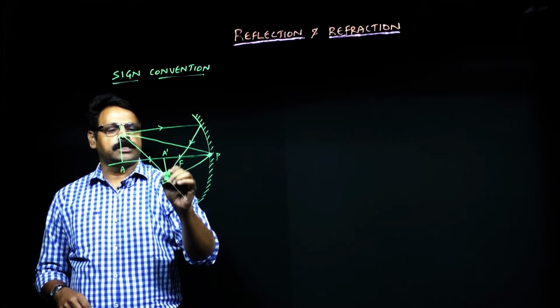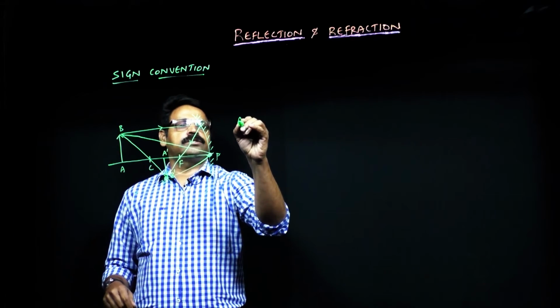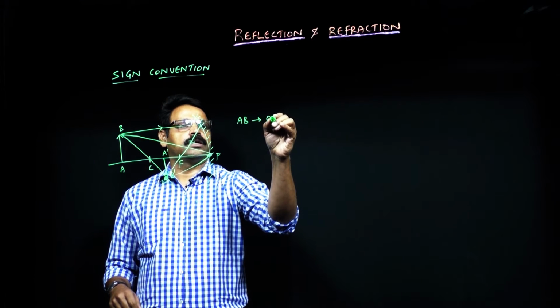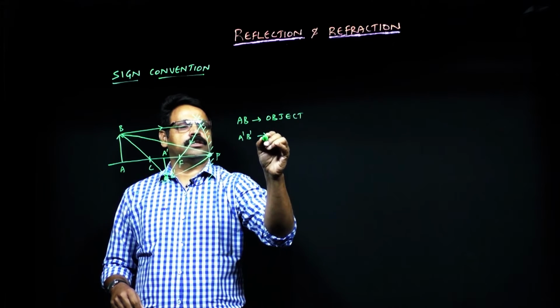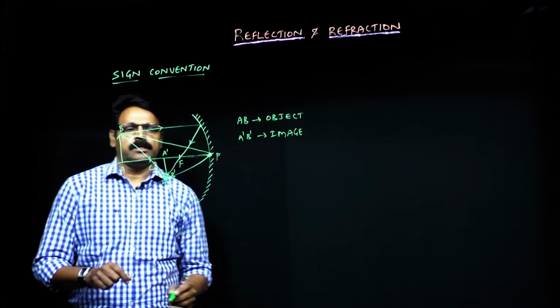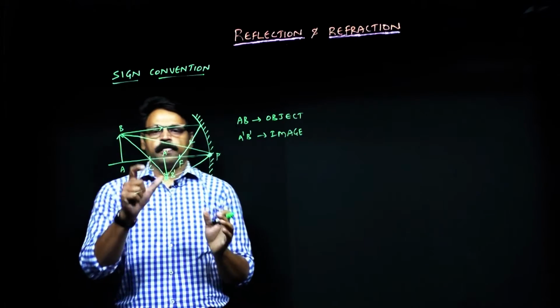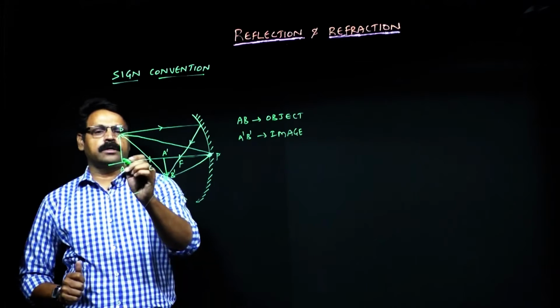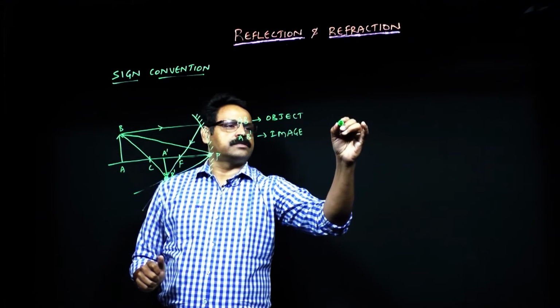So A dash, B dash is going to be the image. AB is the object and A dash, B dash is the image. We will be writing for various positions later, but just for the sake of sign convention, I am looking into this example. Here AB is along the y-axis.